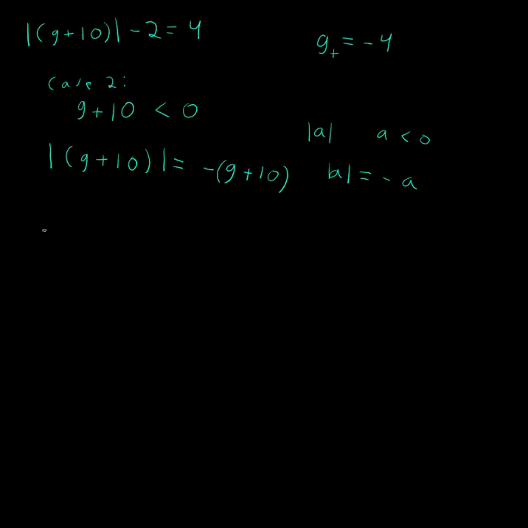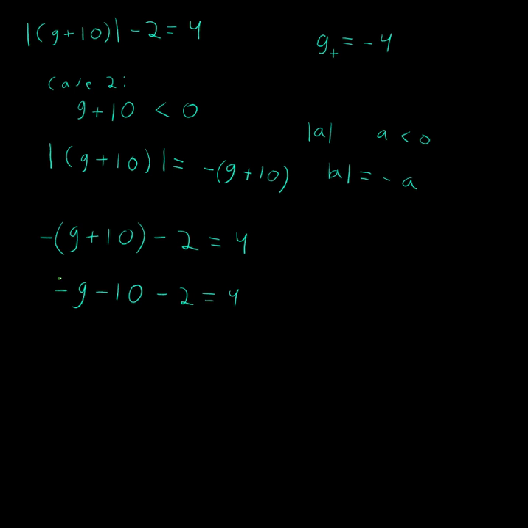So, we can plug this through our original equation, and we get negative (g plus 10), always remember the parentheses, minus 2 equals 4. So now we just distribute our negative symbol: negative g minus 10 minus 2 equals 4.